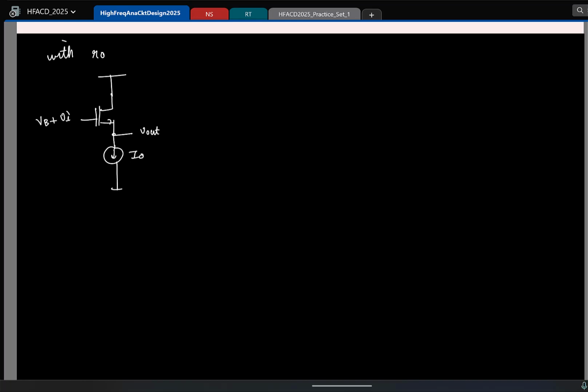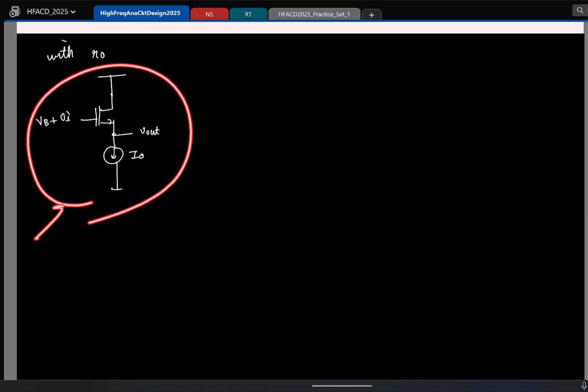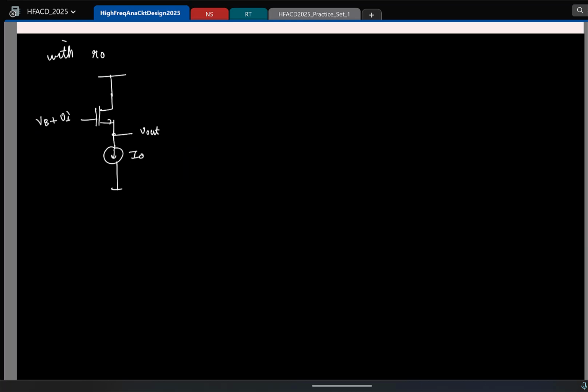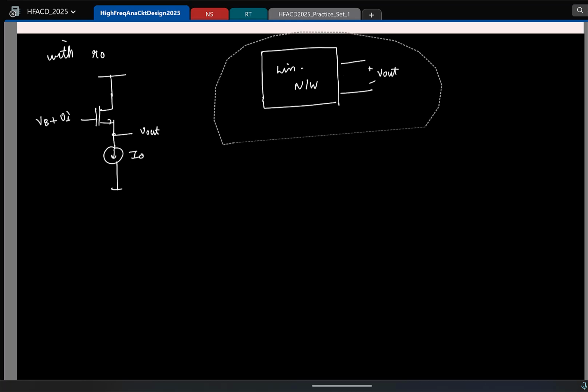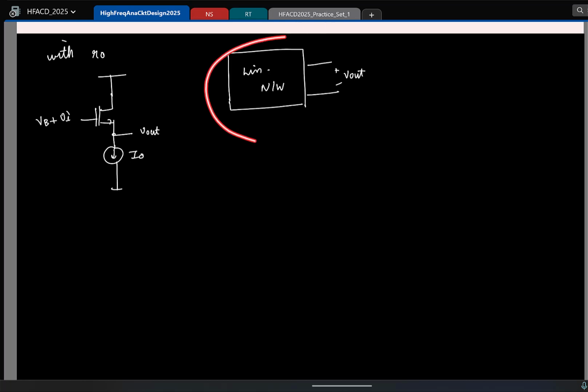For small signals, can you tell me if this is a linear network or a non-linear network? Linear network. If I have any linear network, this is a linear network, and let us say I'm defining something as the Vout. So if this is a linear network, with respect to these two terminals, how can I simplify this entire network as?